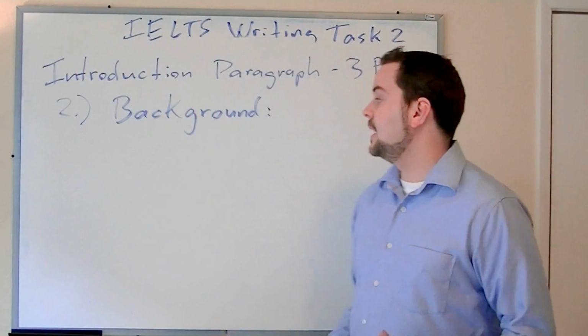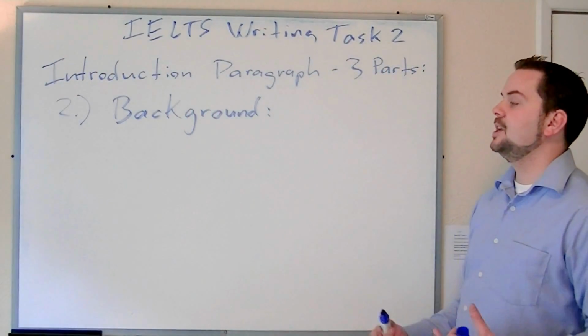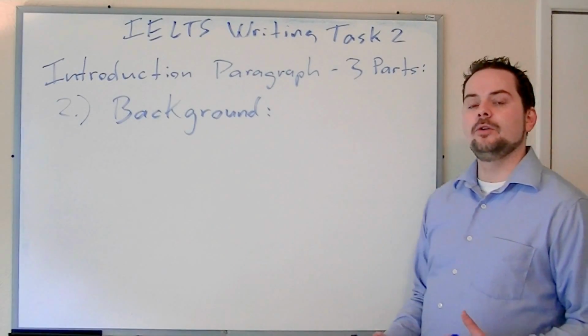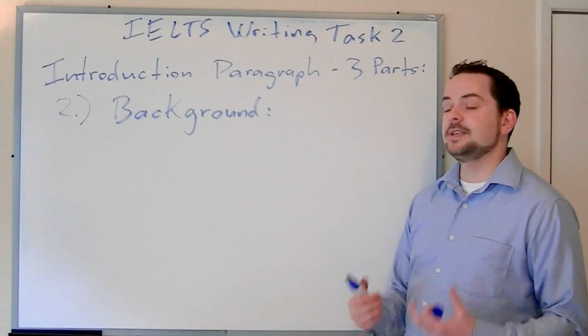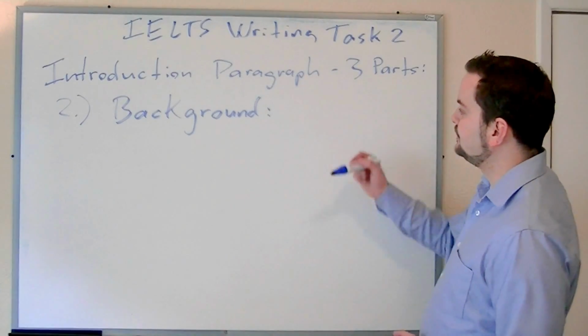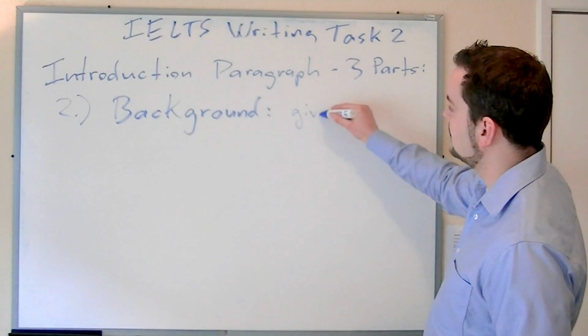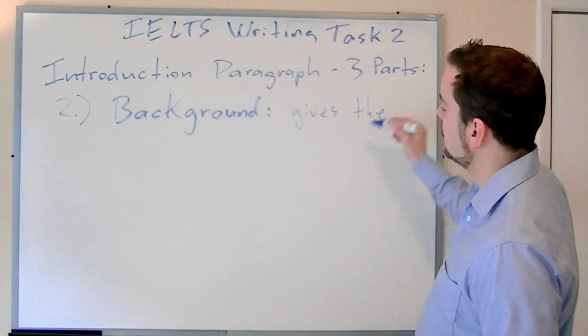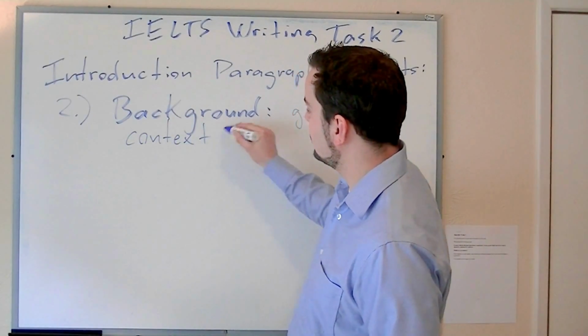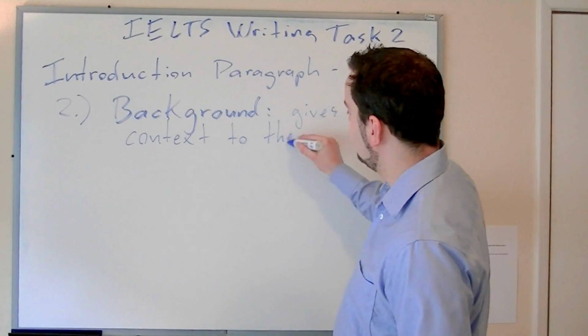The background is the explanation to the reader what we are going to talk about, what is the context, what is the setting, what is the definition. So the background gives the context to the reader.